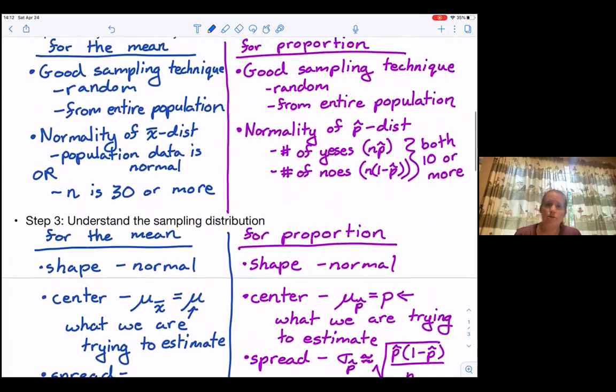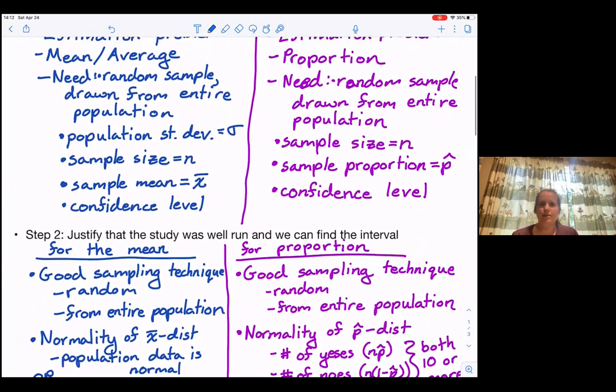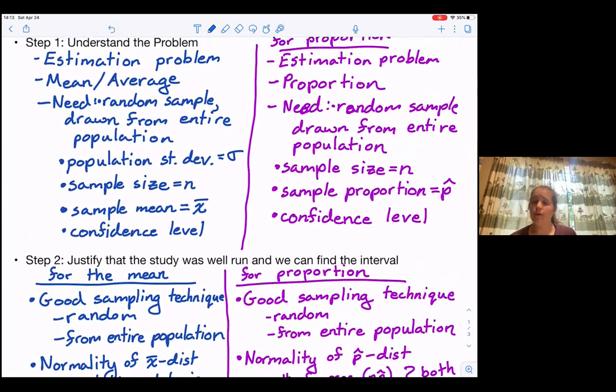The justification for normality is now different. We're in a different situation. We have different rules for what makes it normal. And then there will just be a little different information that we pull out of the problem. But other than that, it is basically the same process for our confidence interval.